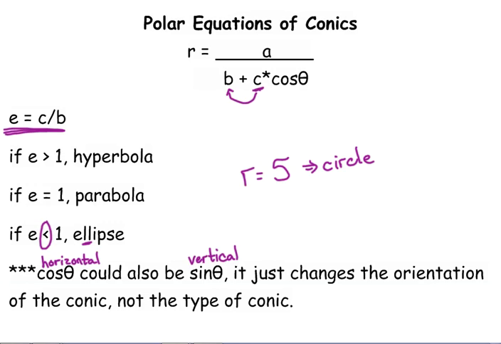Now, sometimes they weren't centered on the origin, so they had something else attached to them, but that was pretty much it. Okay, circle doesn't look like these. The circle doesn't have the fraction. Okay, circle doesn't have a fraction in polar form.